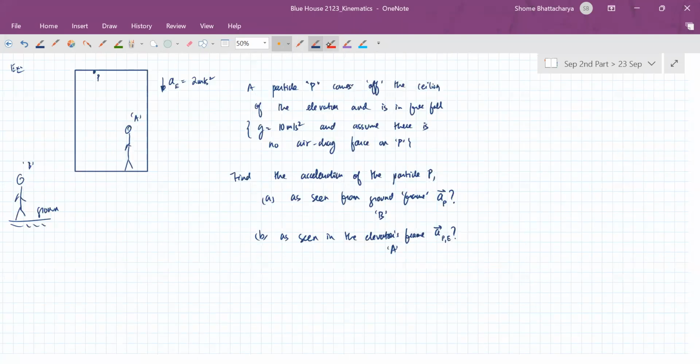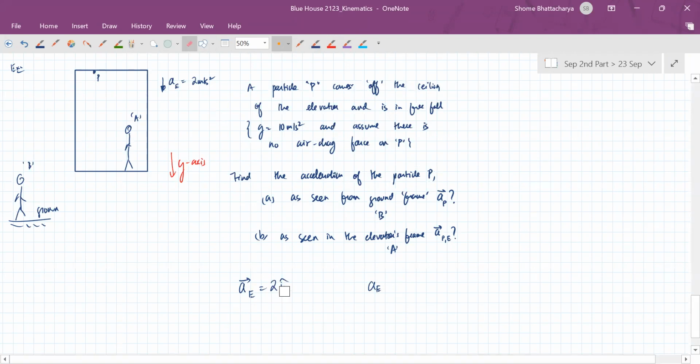So as you can see here, what we can do is we can just understand that downward direction is our y-axis. So we can write the acceleration of the elevator in vector notation as what? 2j cap, my mistake, 2j cap in meters per second square.